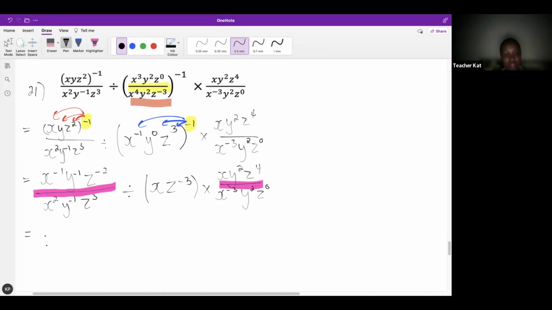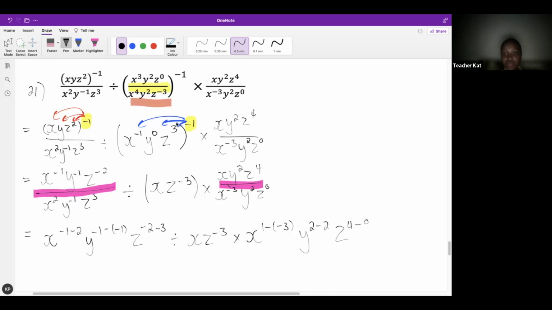So I'm going to have x to the power of negative 1 minus 2, y to the power of negative 1 minus negative 1, and z to the power of negative 2 minus 3, divided by, this one is just going to stay the same, times x to the power of 1 minus negative 3, y to the power of 2 minus 2, and z to the power of 4 minus 0.